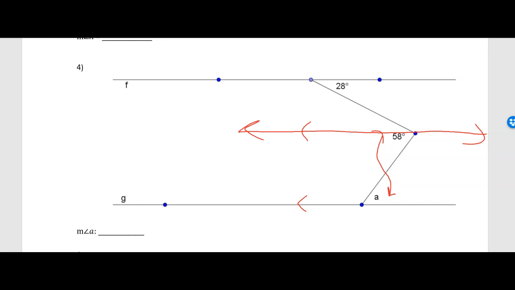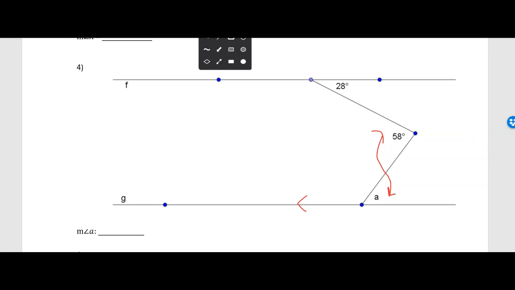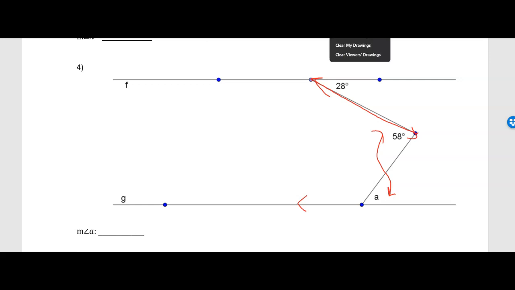But since 58 is actually formed by this line right here, this line is not parallel to the one on the bottom. So we're going to have to draw in our own auxiliary line here to figure out the measurement of angle A. But again, it's okay to play around with the diagram to think about what relationships you may have.